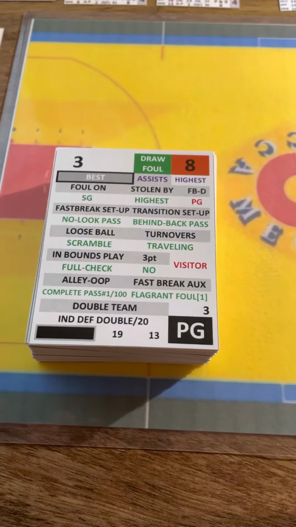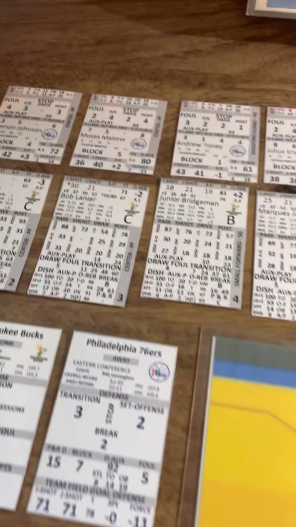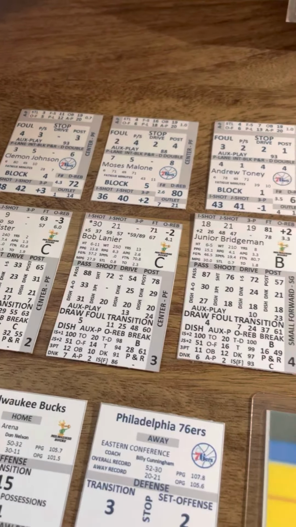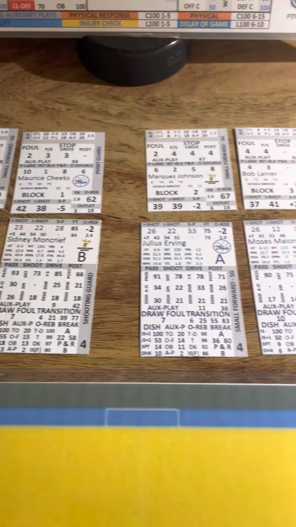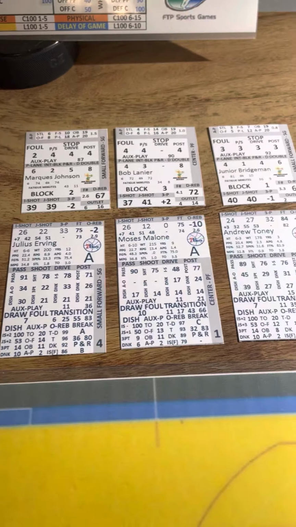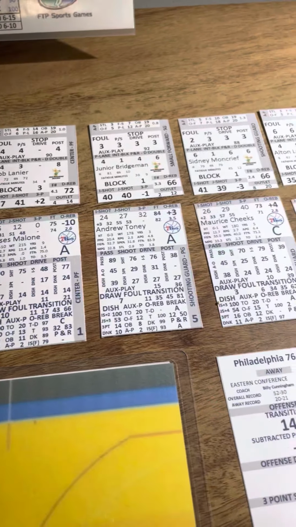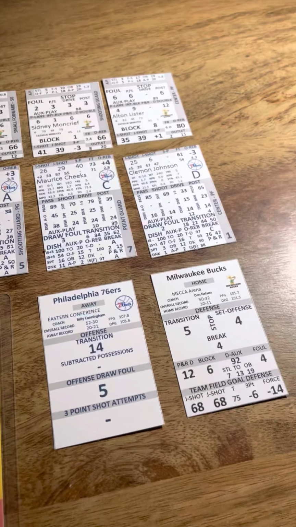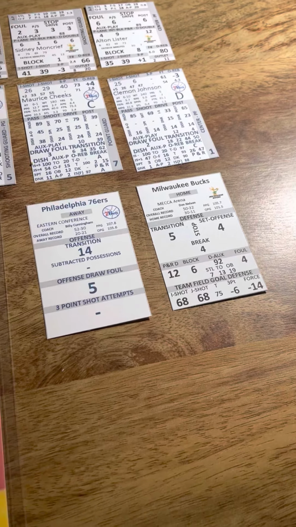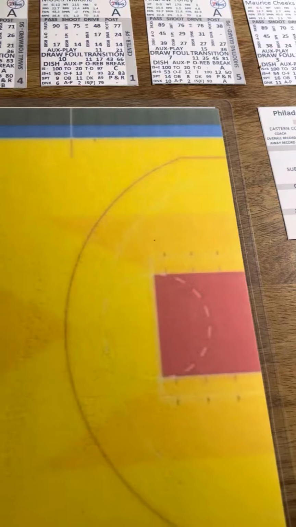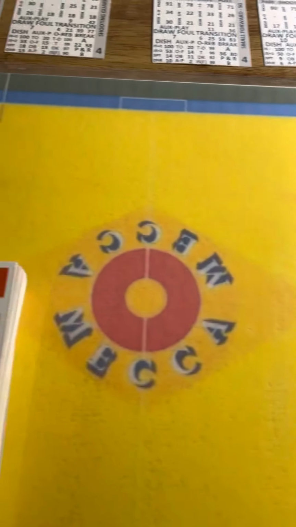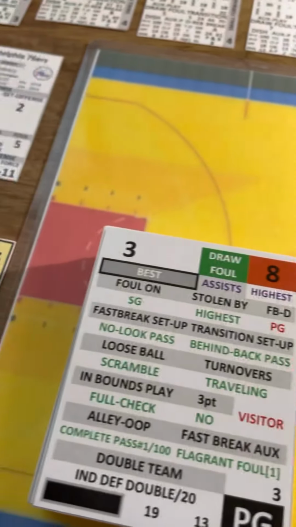So you can see here I'm getting ready to go with the 83-84 Milwaukee Bucks against the 83-84 Philadelphia 76ers with Moses and Julius at the old Mecca, right?